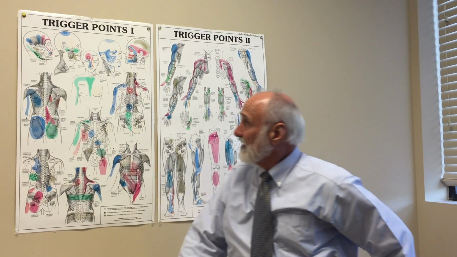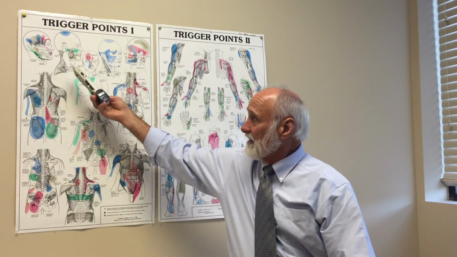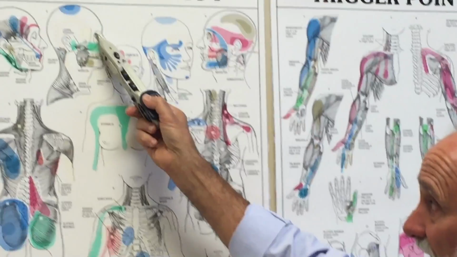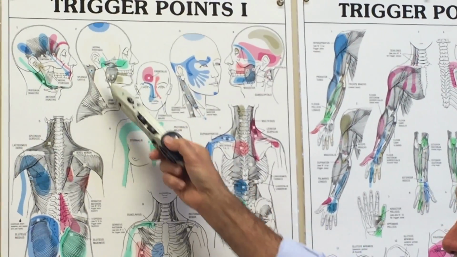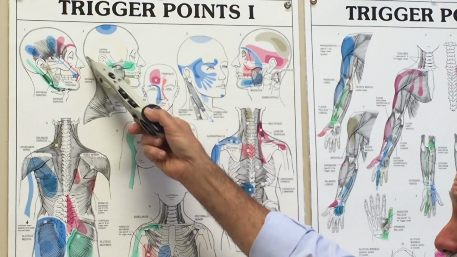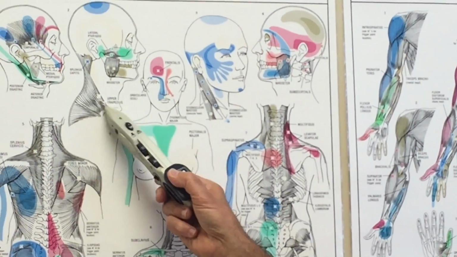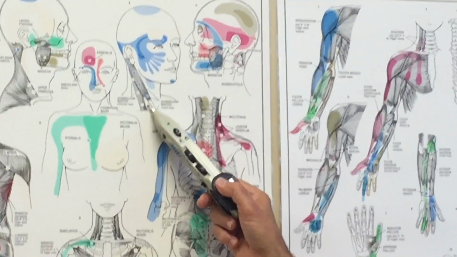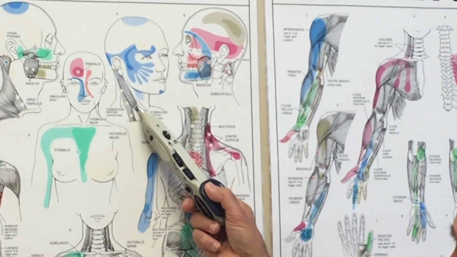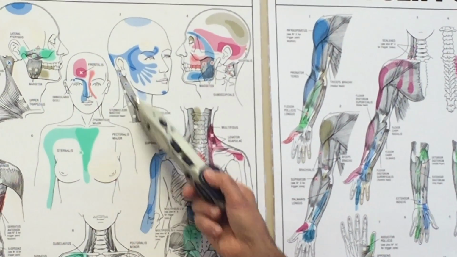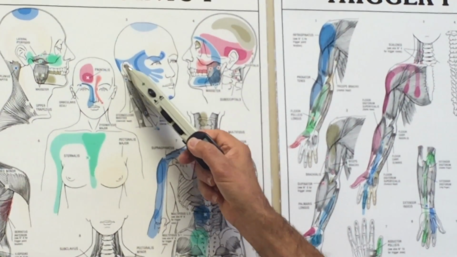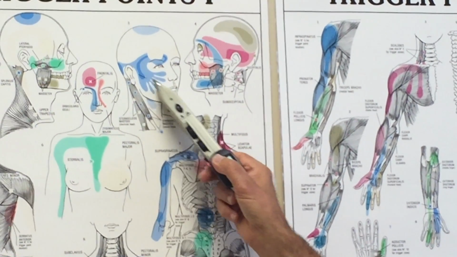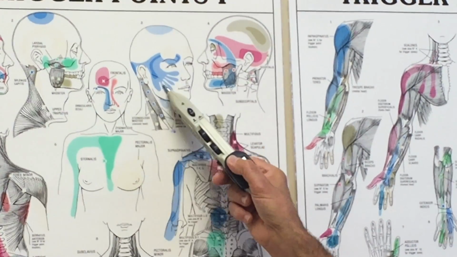Right there. So you can see that. Up here, you'll notice that the trigger points in the upper trapezius refer pain to this area over the ear and into the eye. So a lot of people's headaches that they're feeling here, the real problem is a trigger point in the upper trapezius muscle. Sometimes though, it's the SCM muscle, which is the muscle in your neck, right here. That refers pain above the eye and also into what we call the trigeminal area, which is underneath the eye as well.